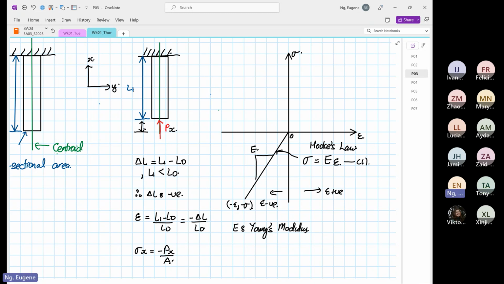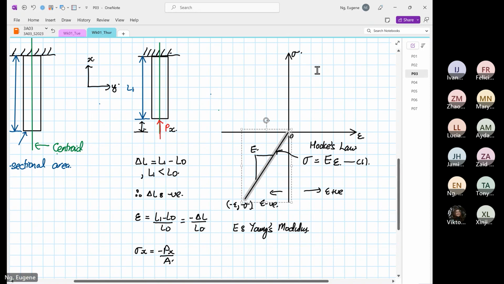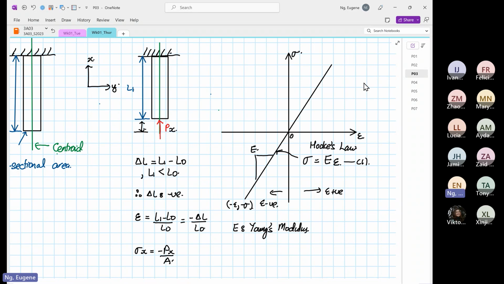So most of the time when we see what is given, what is always presented is this, even though it's carried out in compression, we still draw it this way.